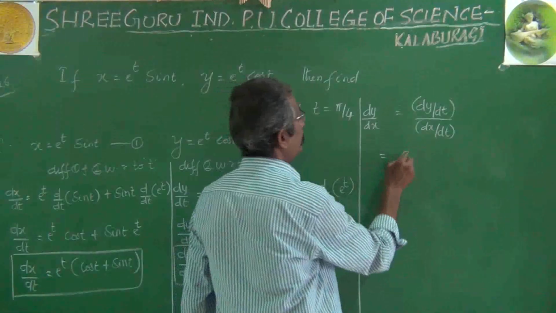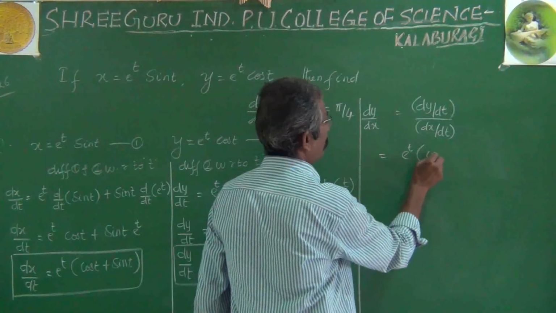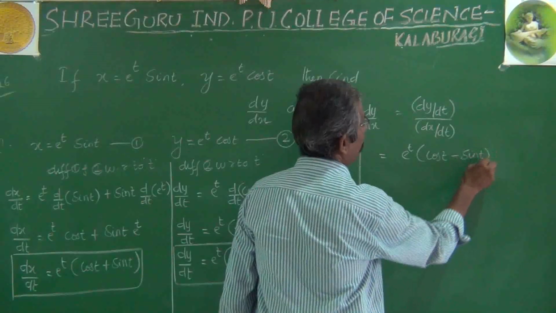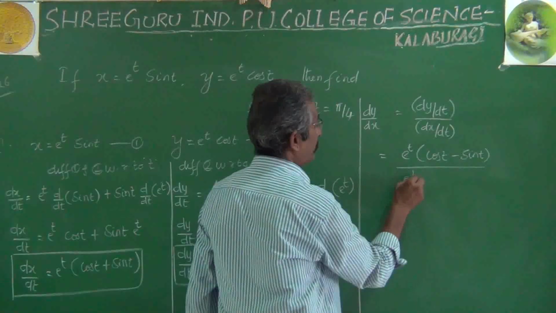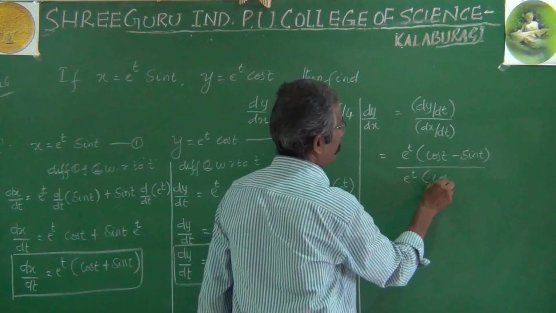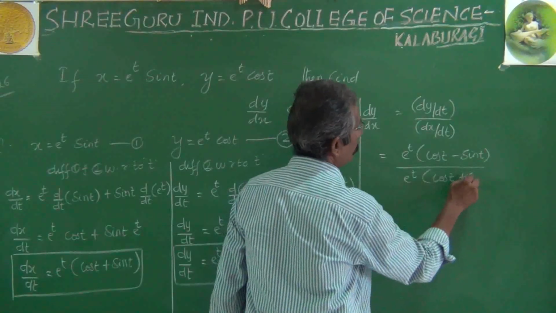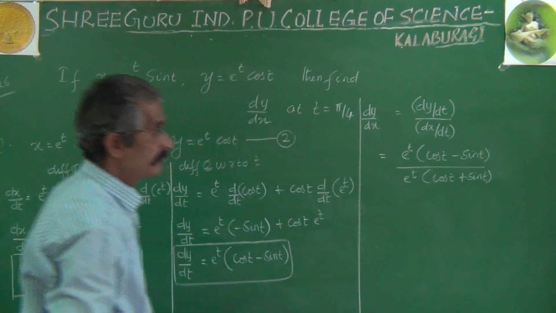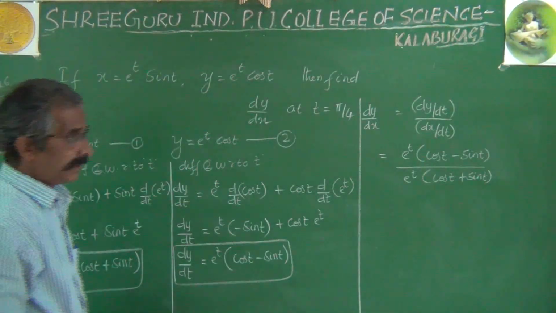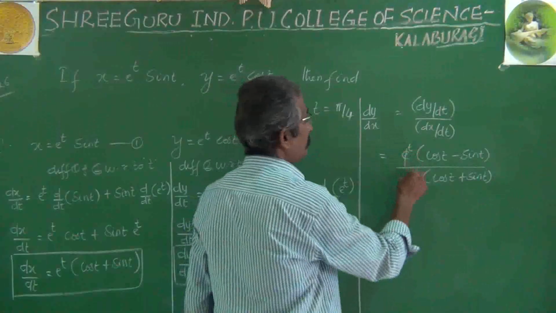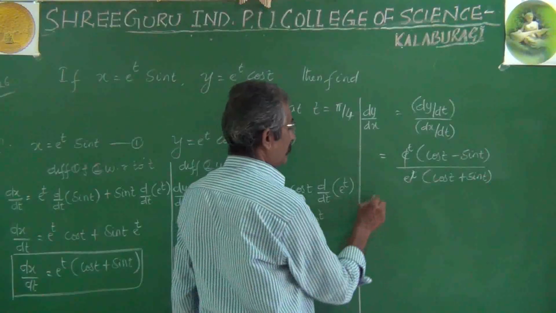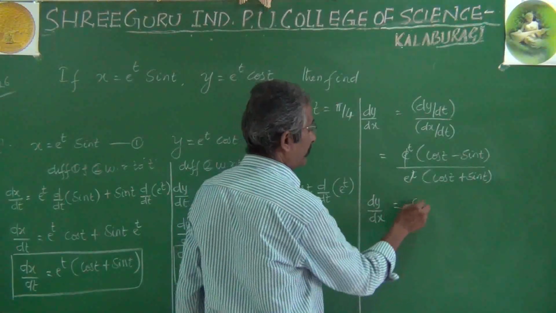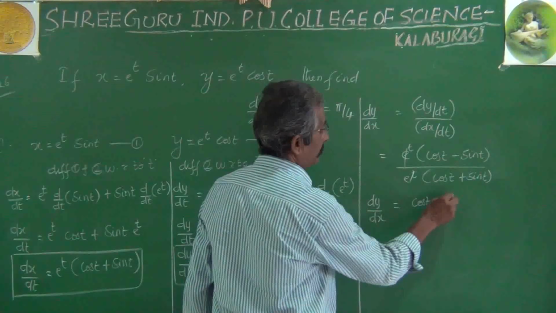That is e power t into bracket cos t minus sin t divided by e power t into bracket cos t plus sin t. Hence now e power t will cancel out. Now dy by dx is given by cos t minus sin t by cos t plus sin t.